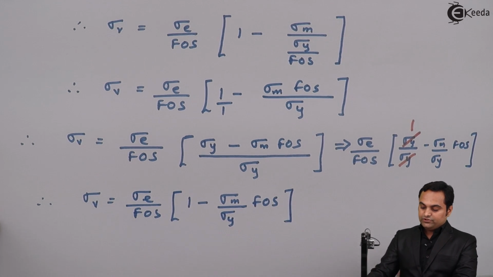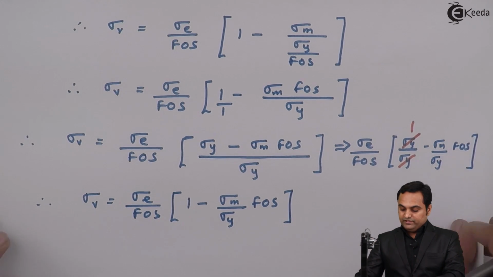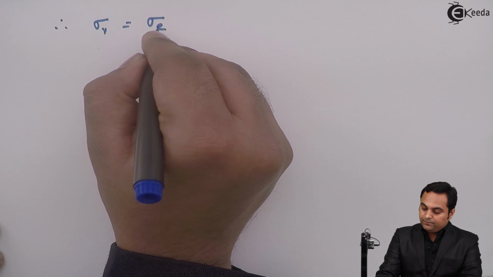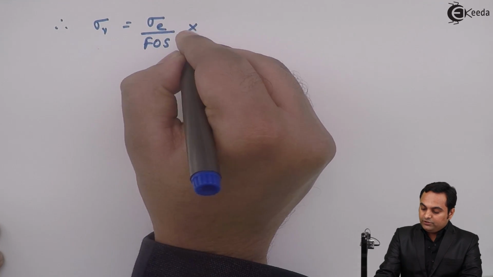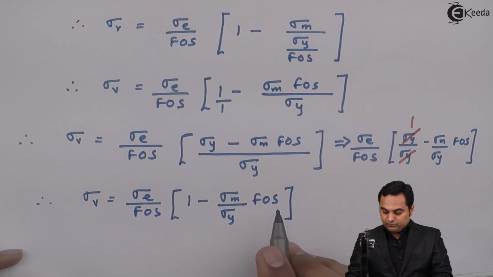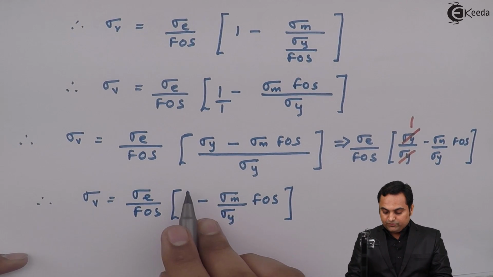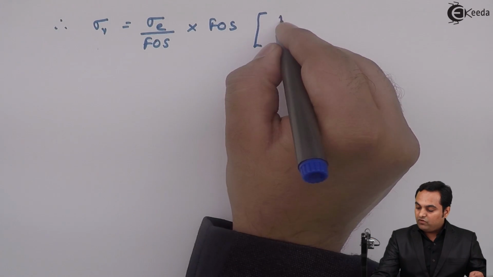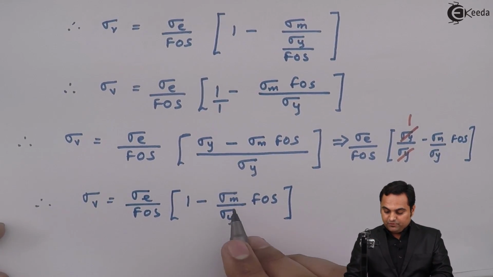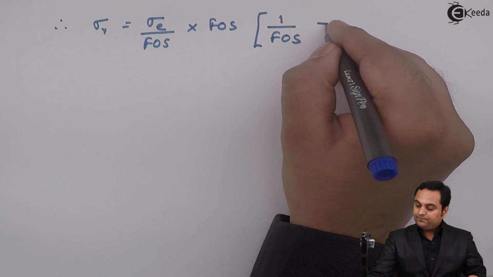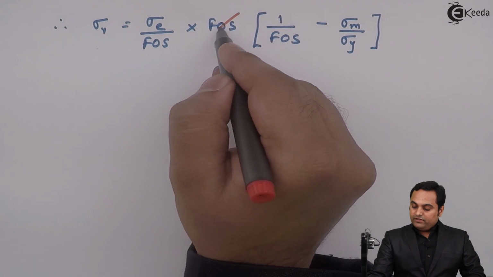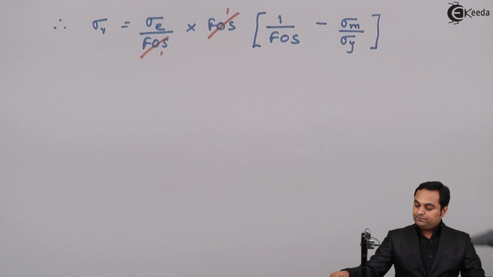Next I'll take FOS common from here. So we have sigma E upon FOS into FOS. Now here I am taking FOS outside the bracket. So here we have 1, so it will be 1 divided by FOS. And here we have sigma m upon sigma y will remain as it is. So FOS and FOS will get cancelled out.